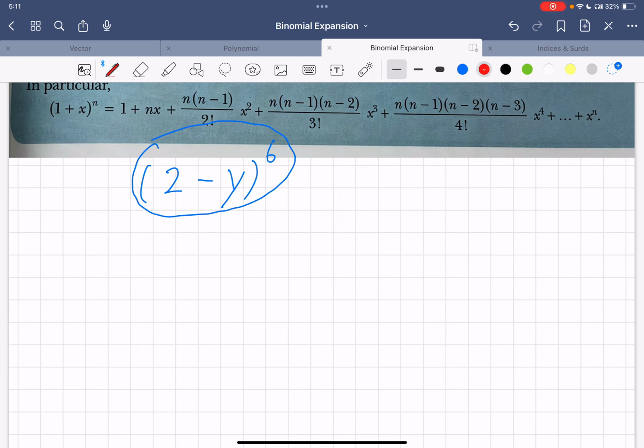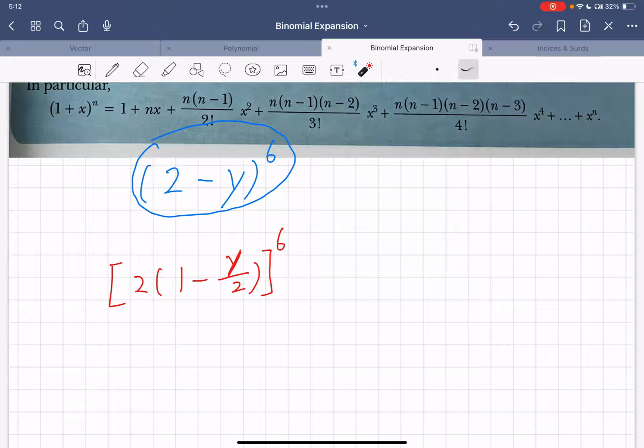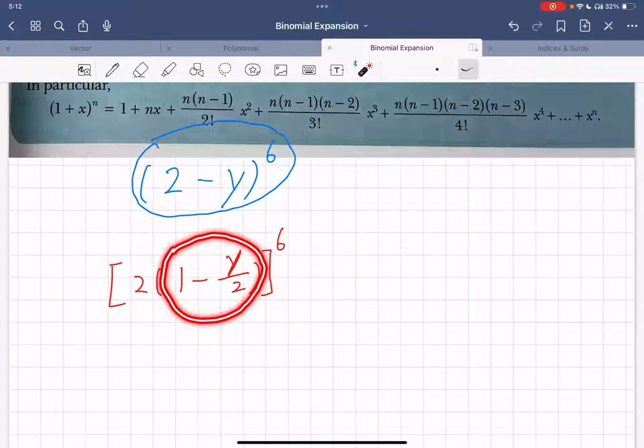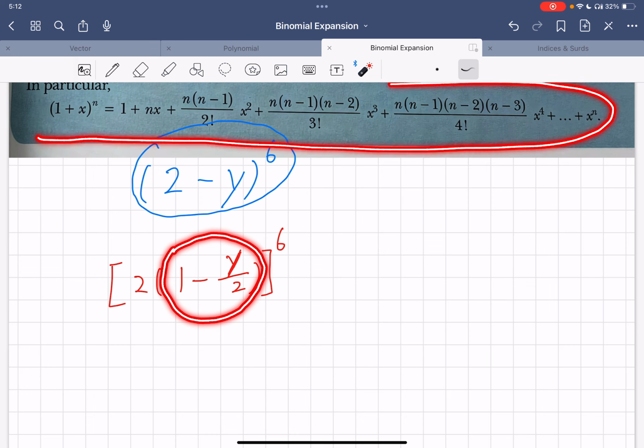That is, square bracket is 2 times circle bracket 1 minus y over 2, square bracket, to the power 6. By changing this form, we still get a equal to 1 here. And then you feel free to use the last formula.